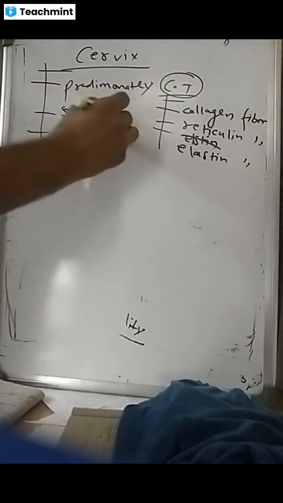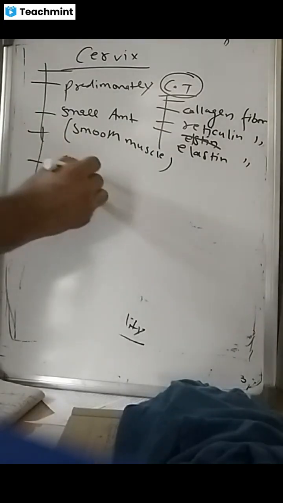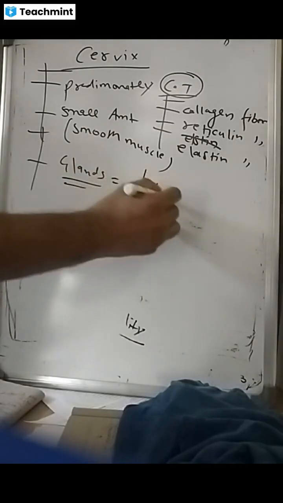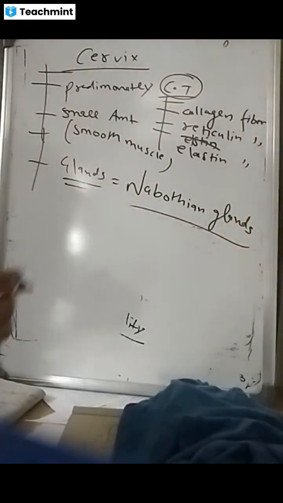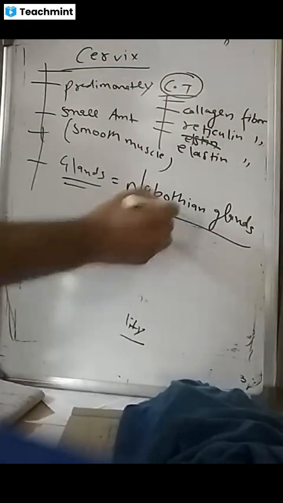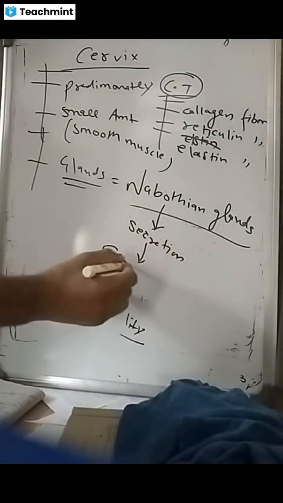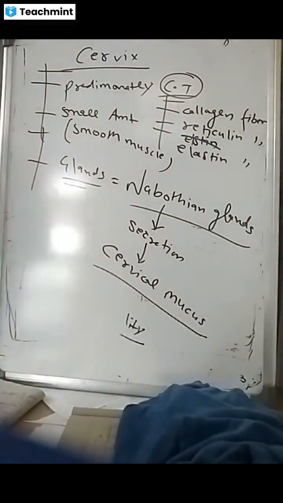So predominantly connective tissue, and in small amounts we have smooth muscle, and the glands. The glands are known as neck glands, these are Nabatean glands. Their secretion is called cervical mucus.